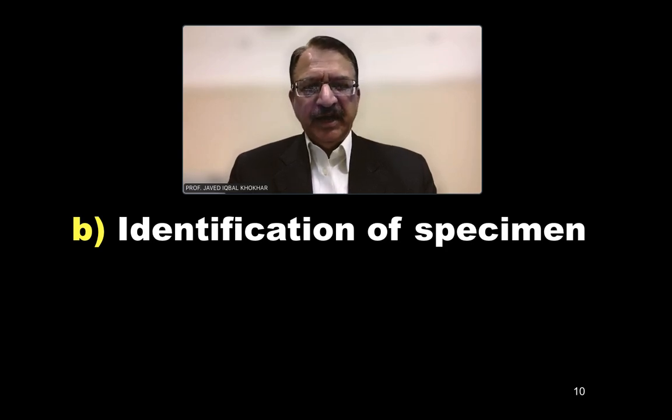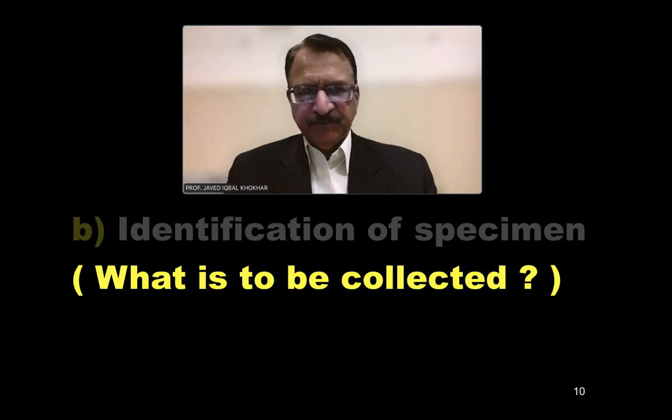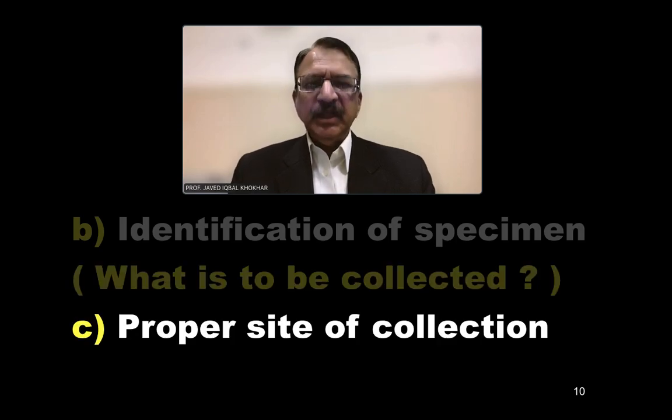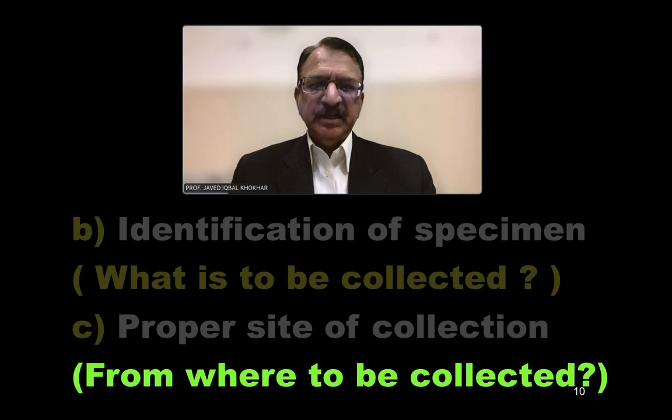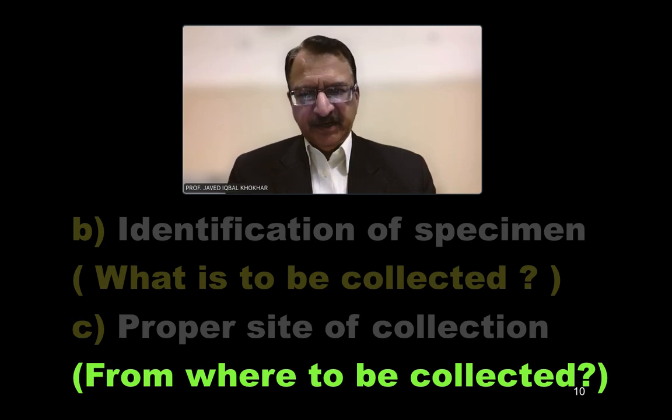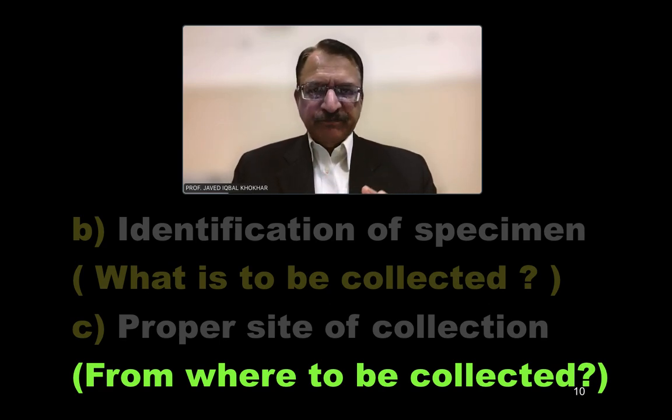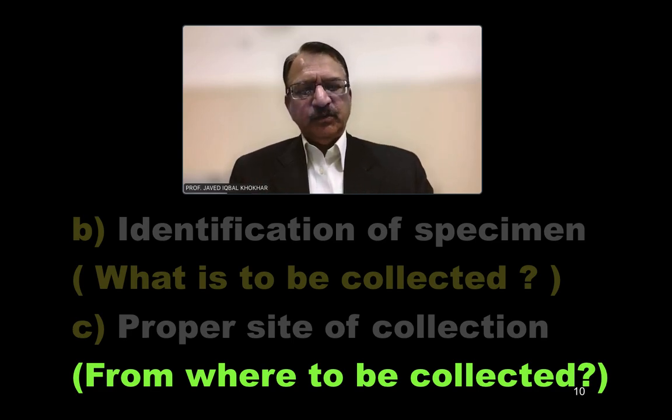You should identify first what is to be collected, which will be helpful, which will be needed for solving this issue or for medico-legal purposes. Then you should know the proper site of collection, that means from where it is to be collected.